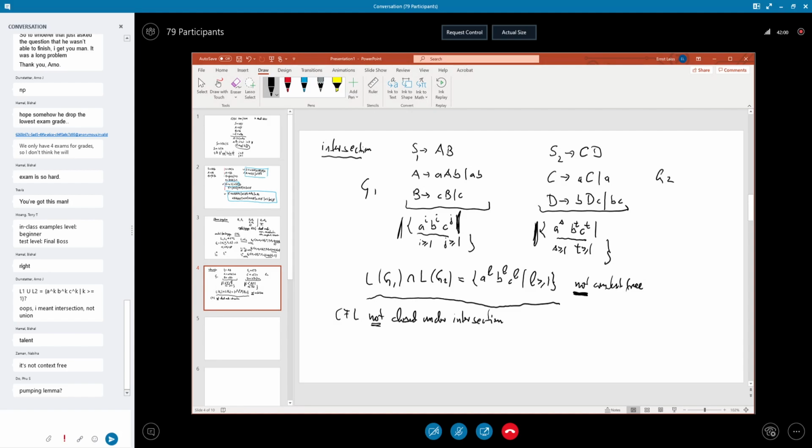Two pumping lemmas. The first pumping lemma was for regular languages. The second pumping lemma was for context-free languages. The second pumping lemma said if we have a word Z that is long enough, and we quantified exactly what long enough meant, but that's not really that important, then there exist U, V, W, X, and Y such that Z is the concatenation of these five.